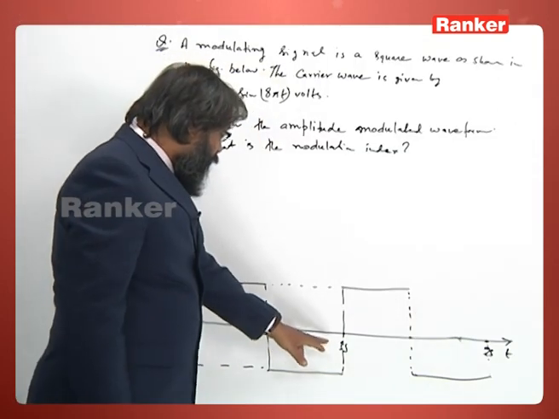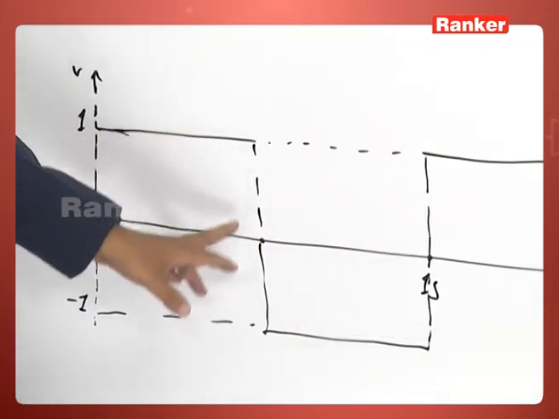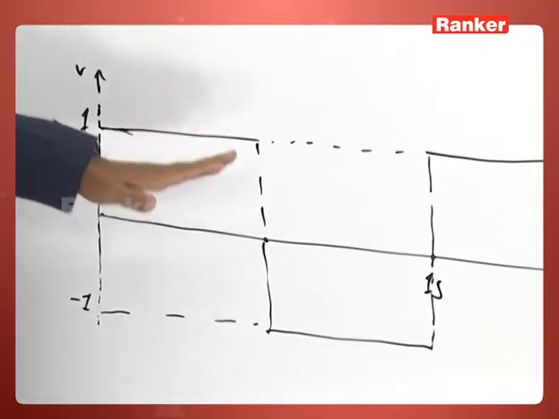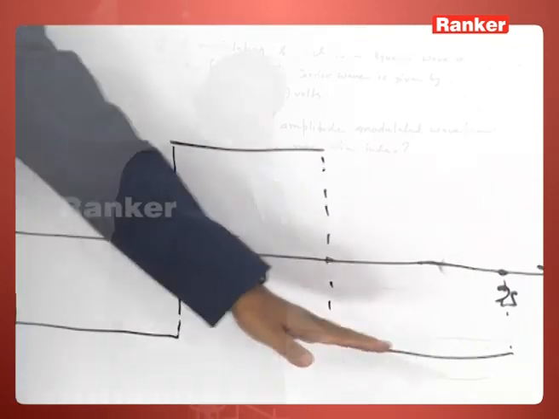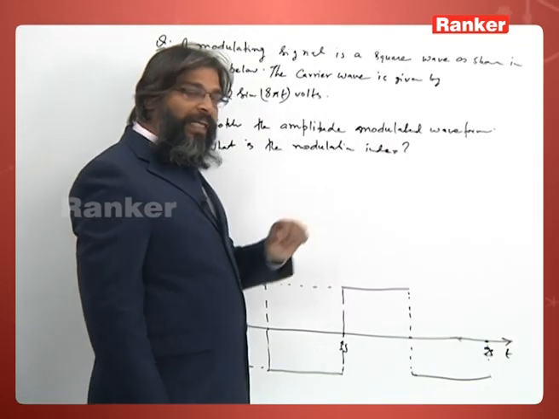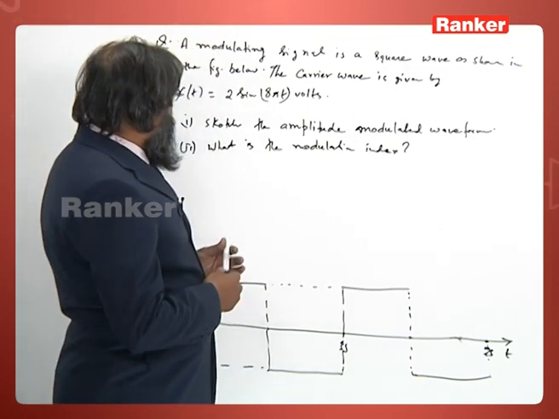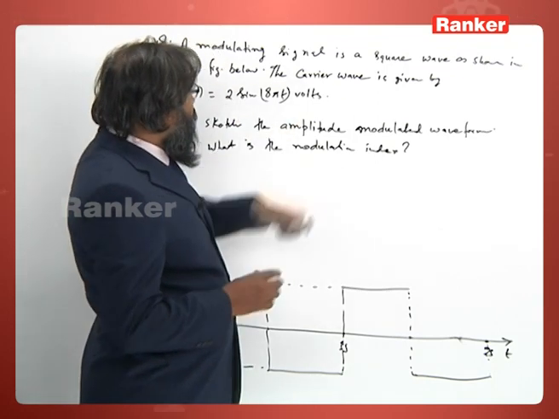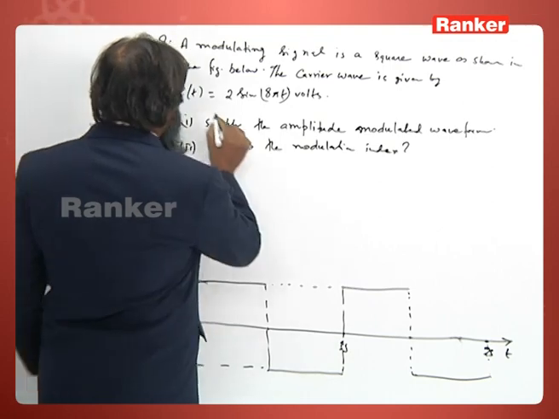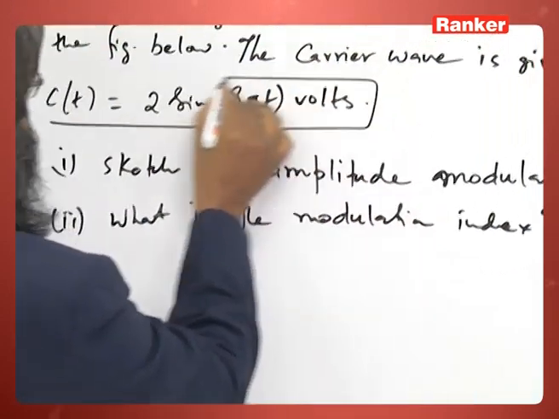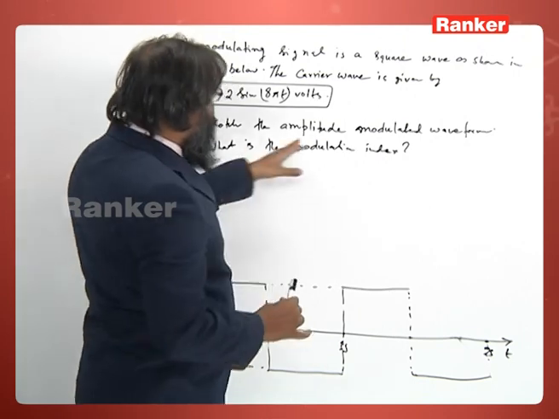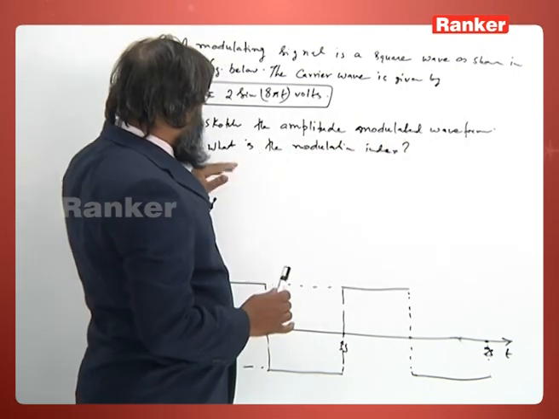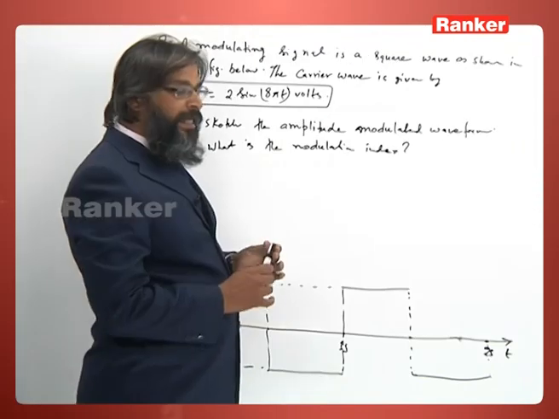In 1 second, for half a second the signal voltage is plus 1, then becomes minus 1, then plus 1, then minus 1. This is your digital signal, and the carrier wave is given by c(t). We have to sketch the amplitude modulated waveform and find the modulation index.